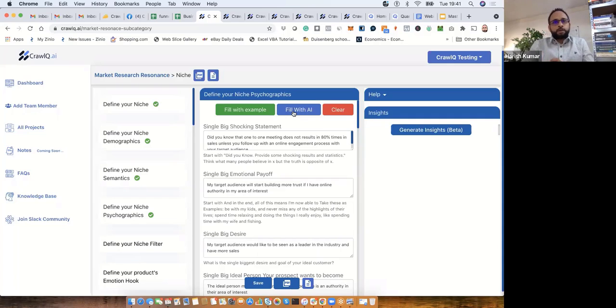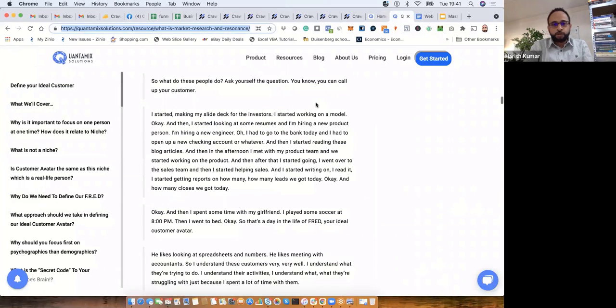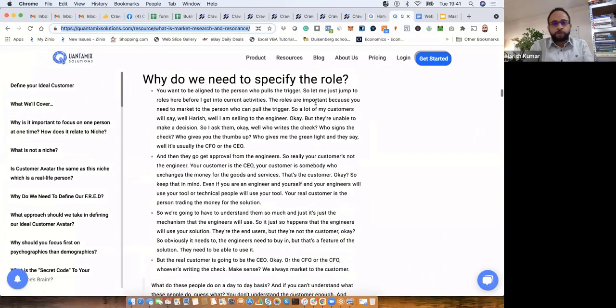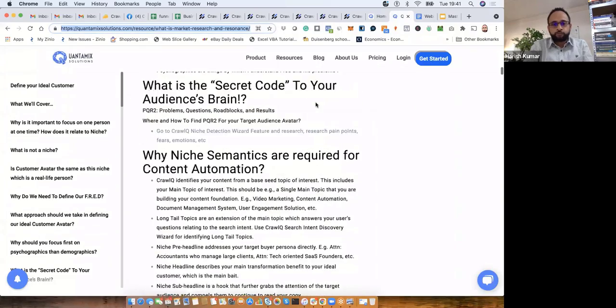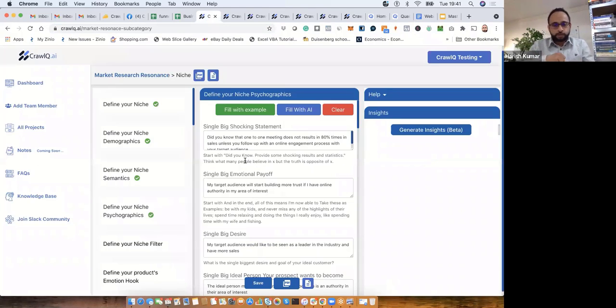So I want to go back here and say that with multiple personas, we are sometimes confused. When I say the buyer persona, it is the person who is going to sign, right? The signature on the check, the payment process, right?